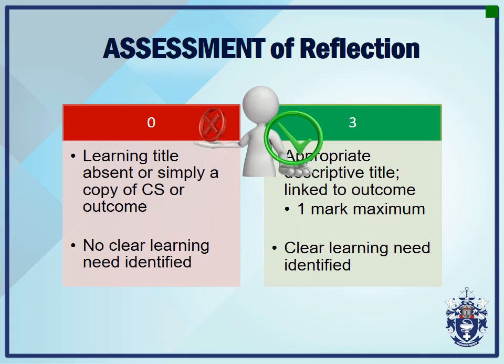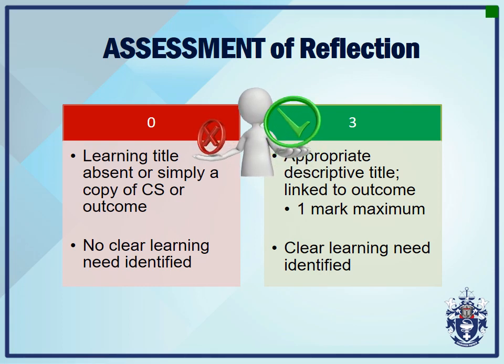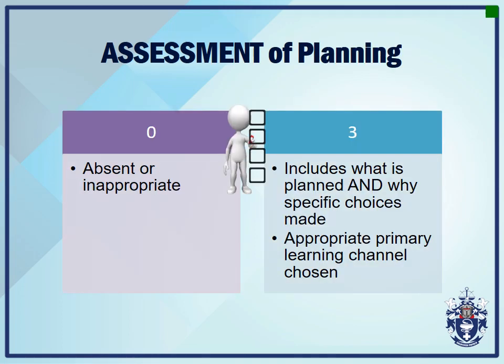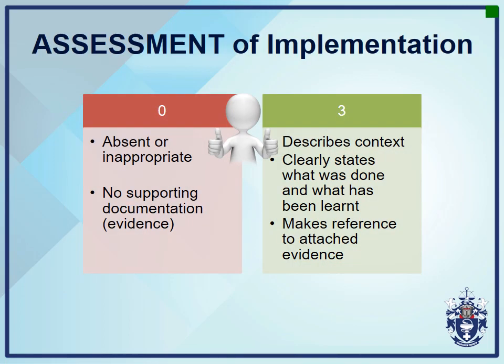To obtain a 3, you need an appropriate descriptive title linked to the outcome and a clear learning need identified. In terms of the planning, if there's no planning at all, or a lack of resources, for example, and it's not linked to the behavioral statements, you would get a 0. You would get a 3 if it includes what is planned and the specific choices made, explaining why you're using that planning system or the thought processes behind the planning, and an appropriate primary learning channel is chosen.